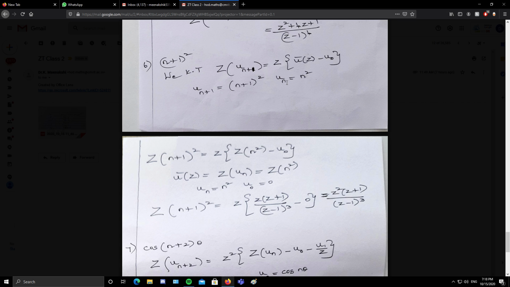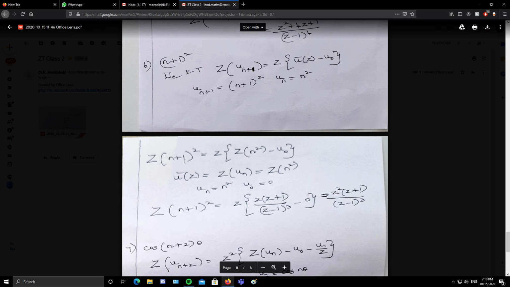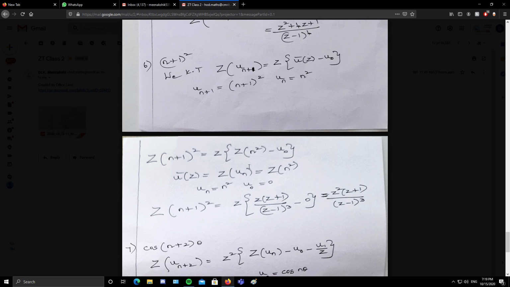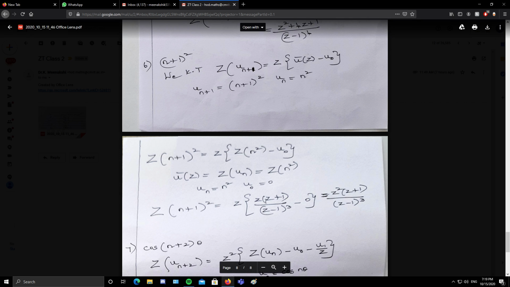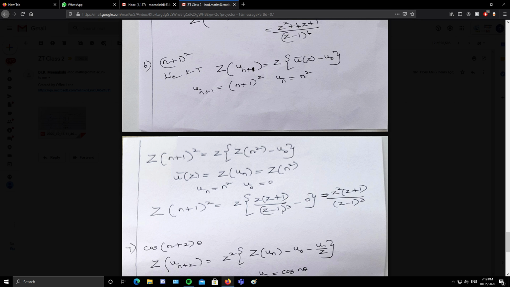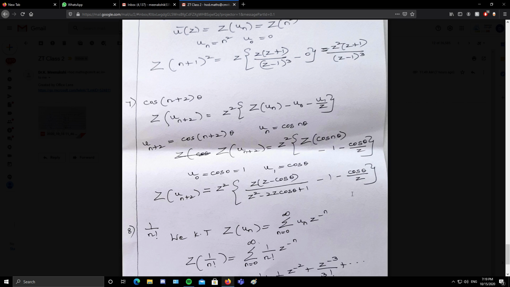N square. What is u naught? 0. So z into z of (n+1) whole square equals z into z of n square minus u naught. Okay, so u naught is 0. So what is z of n square? Z into z plus 1 by (z−1) whole cube. That's how you have this answer.